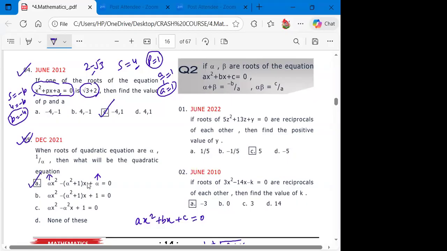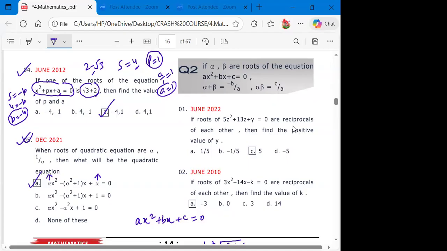Understood the shortcut? How many of you understood the application of the shortcut now? What I have written in the class notes: if the roots are reciprocal to each other, a and c should be equal. They are saying the roots are alpha and 1 by alpha, which means reciprocal. So in which option are a and c equal?